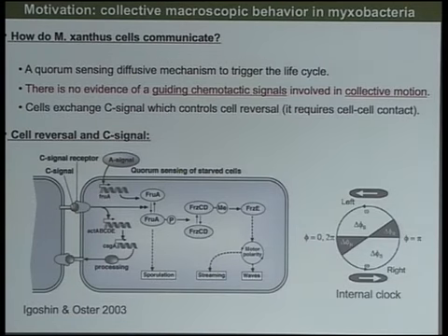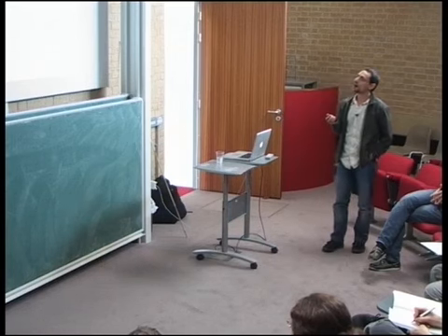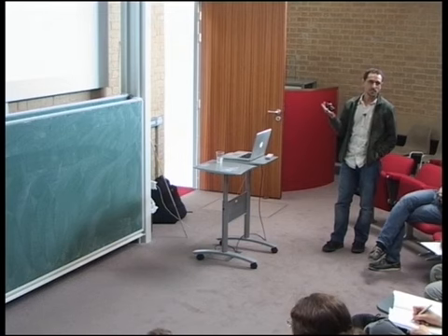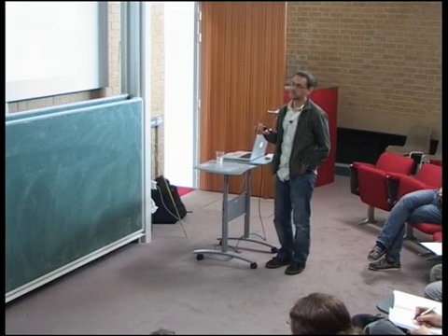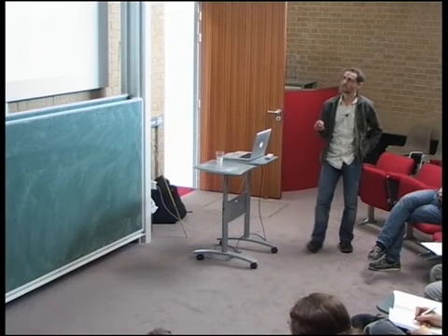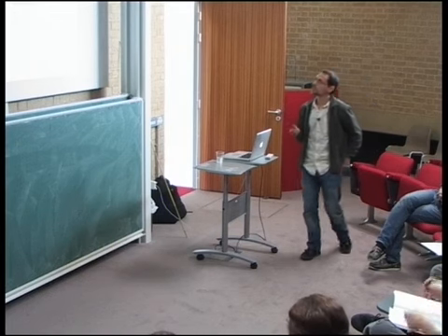What is not known in this kind of bacteria is some kind of diffusive chemical that can be used to direct the others, to indicate in which direction the cells should migrate. So, that's the main message. We see collective patterns in these bacteria without having a diffusing chemotactic signal.